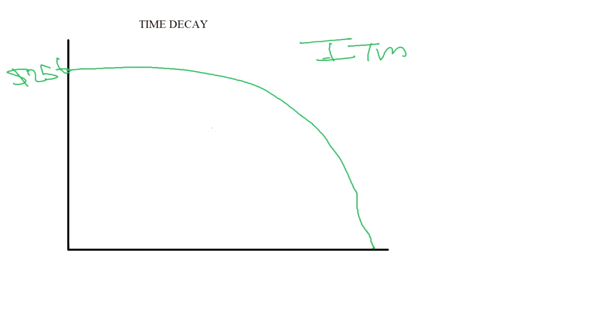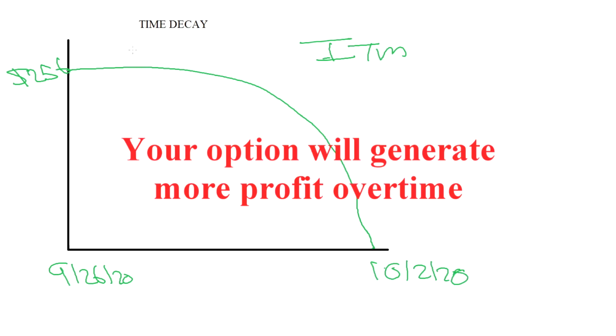At the beginning of your option, so let's say today is 9/26/2020, and this is the expiration day of next Friday, your option will not generate too much profit. It might be maybe $10.